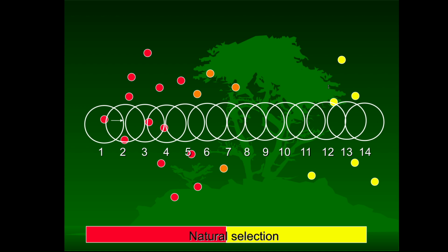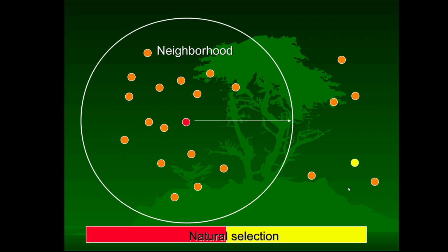So the expected level of adaptive differentiation is the net amount produced by disruptive selection every generation minus that eliminated by migration per generation. If the migration is large per generation because you have a large neighborhood, then there's not going to be much differentiation between the red and the yellow.